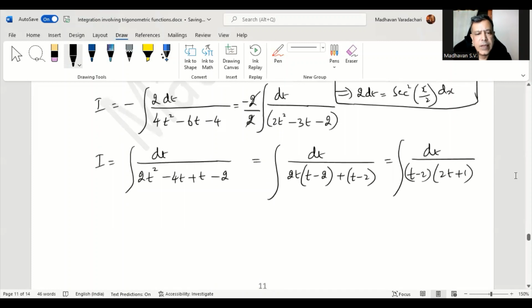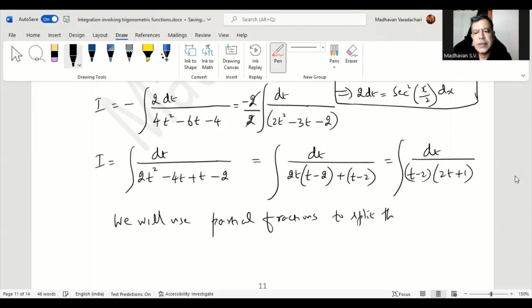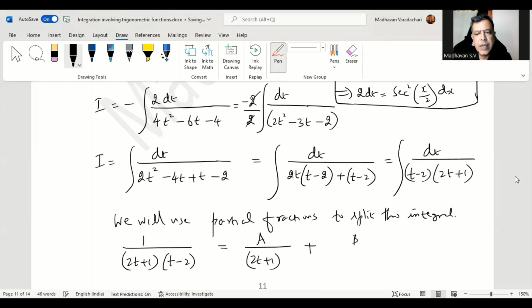Now let us consider, we will use partial fractions to split this integral. Means I will rewrite 1 divided by 2t plus 1 into t minus 2 as a divided by 2t plus 1 plus b divided by t minus 2.